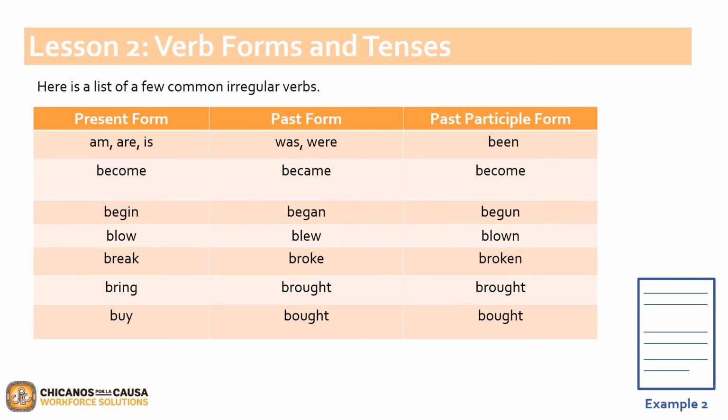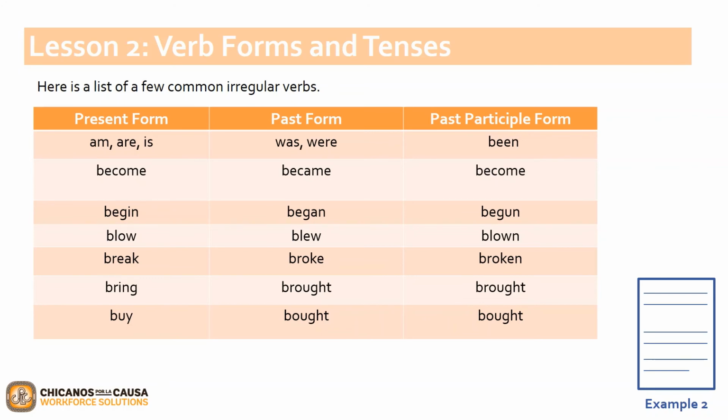For the word break in present form, the past form would be broke, and the past participle form would be broken. The word bring in present form, in past form would be brought, and in past participle form would be brought. For the word buy in present form, the past form would be bought, and the past participle form would be bought.